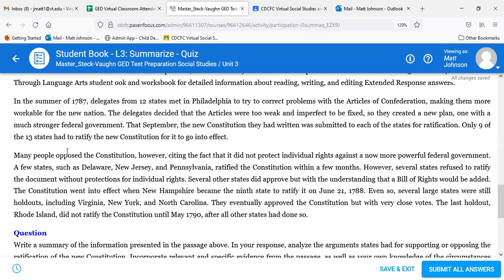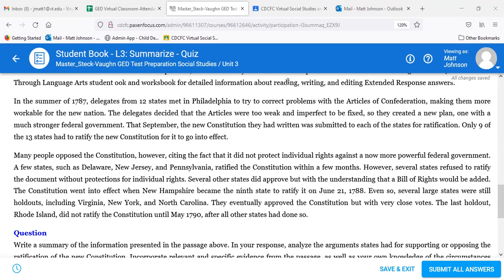So like it says, with an understanding that the Bill of Rights would be included. Okay. So same thing with the summary, just like in the body of a text or in a paragraph, you're going to have your main idea, supporting details, and then a resolution, something as far as a conclusion or closing.